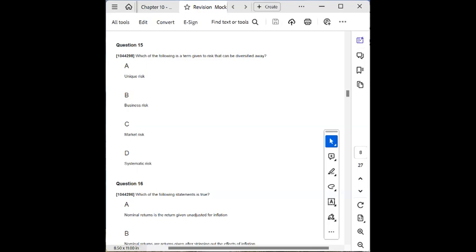Right. I've got 8 responses. Let's see the question. Which of the following is a term given to risk that can be diversified away? Unique, business, market, systematic. Now, again, tricky question.